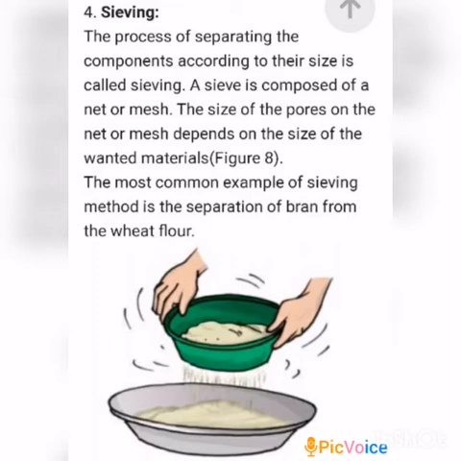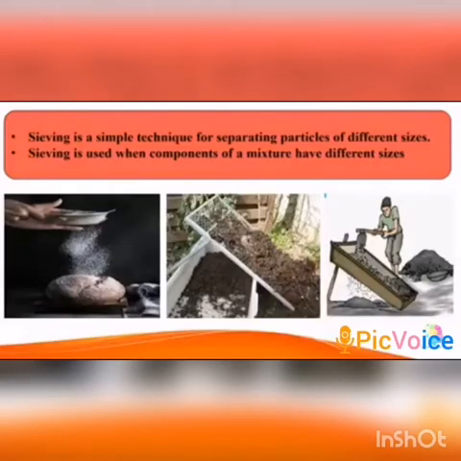Bran means the husk particles which are present in the grains. The outer covering of the grains is called the bran. Okay, dear children. So, sieving is a simple technique for separating particles of different sizes. Sieving is used when the components of a mixture have different sizes.